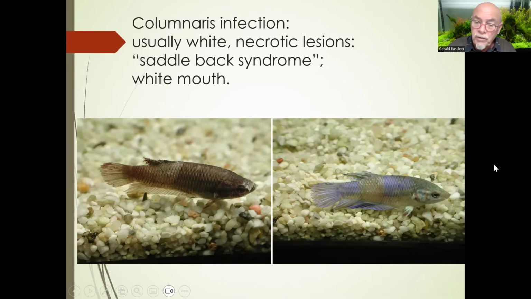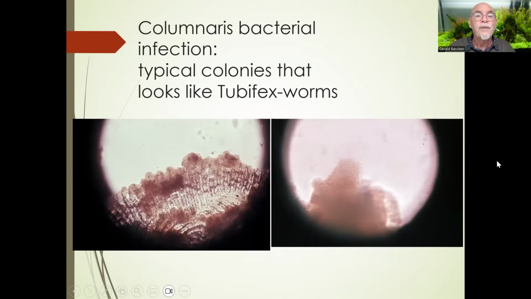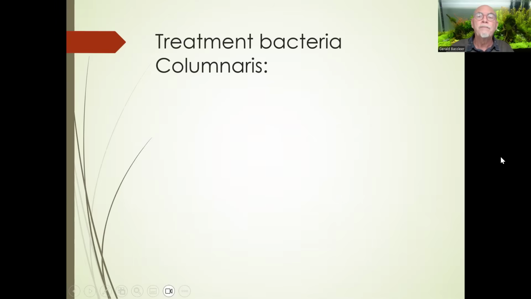White mouth, typical for Columnaris. And Columnaris you can detect in the microscope when you're a little bit lucky. You can see these colonies here on the scale. It looks like a ball of tubifex and moves like tubifex. That's how Columnaris bacteria look in a colony, when you're lucky with the microscope.